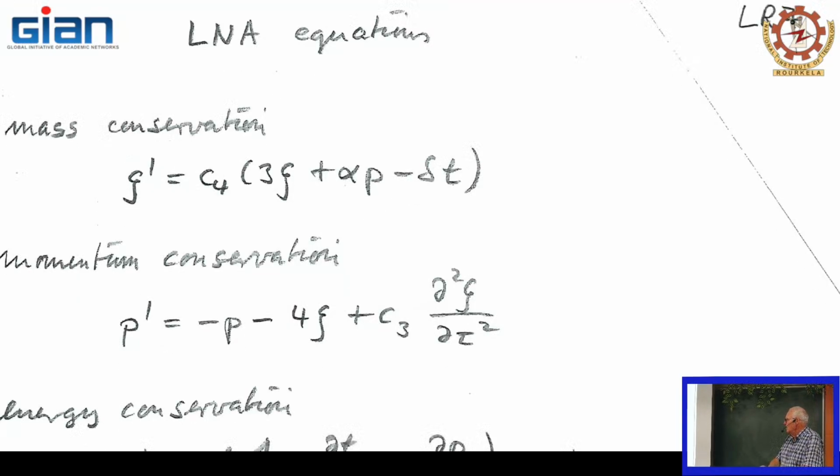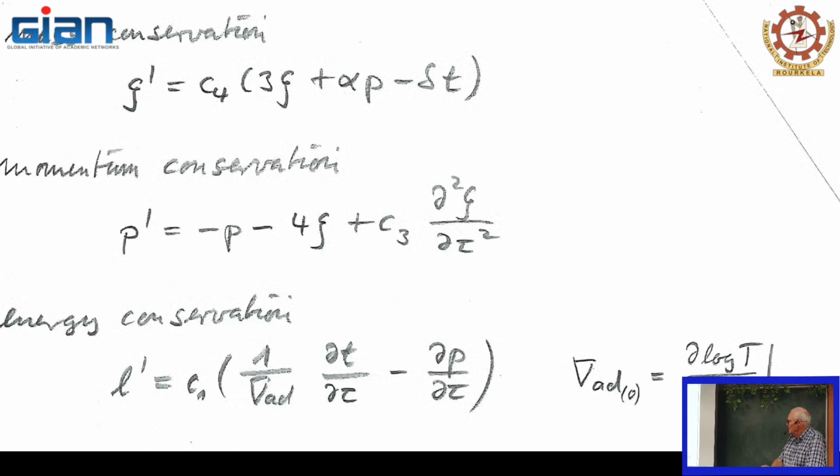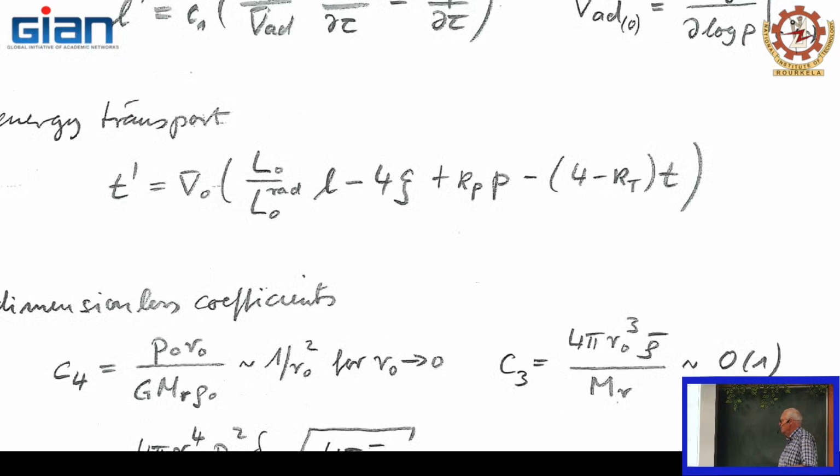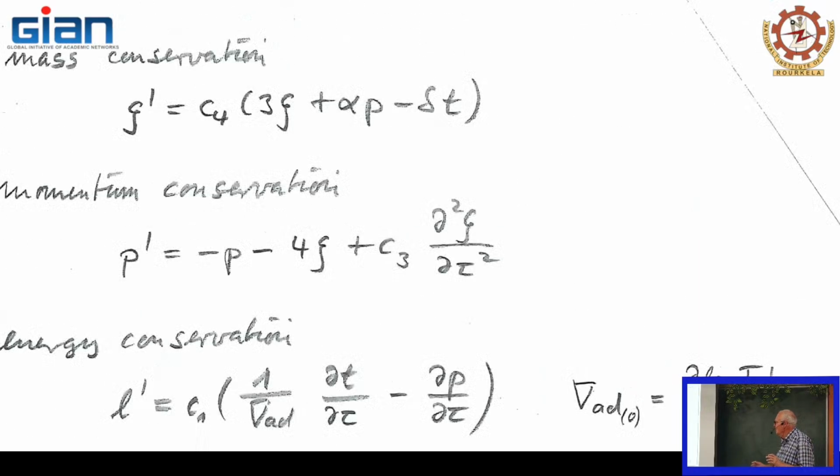The energy equation is given by the derivative of the luminosity perturbation. The derivative of the luminosity perturbation is given again by another dimensionless coefficient C1 times 1 over nabla adiabatic. This is our famous d log t by d log p at constant entropy, nabla adiabatic determined from the equation of state.